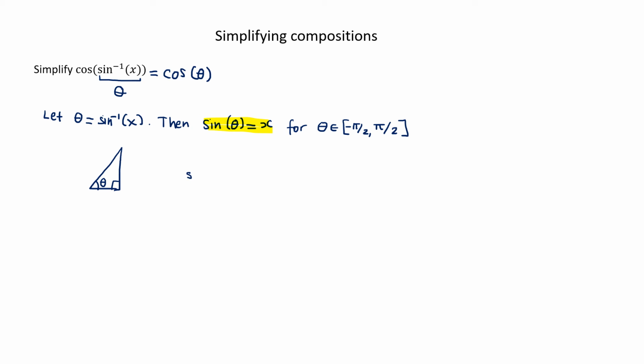Sine of theta can be given as the ratio of the opposite over the hypotenuse side length, and this ratio needs to boil down to x. One way to make this happen is to make the opposite side length x and the hypotenuse side length 1. So this is x over 1.